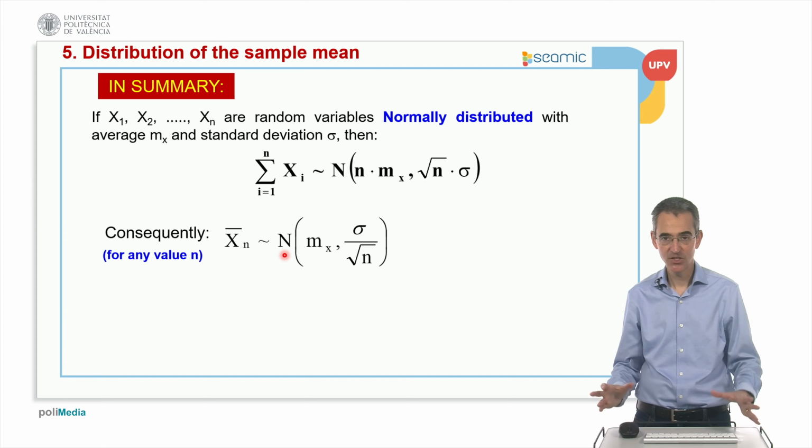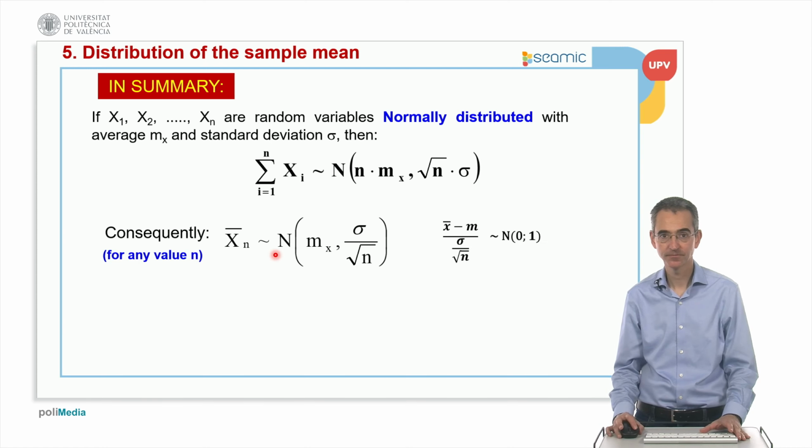The issue is that if the distribution is not normal, we will require a large sample size to get this to be normal. But if we are measuring a characteristic from a normal population, for any value of the sample size, the sample mean will be normal.